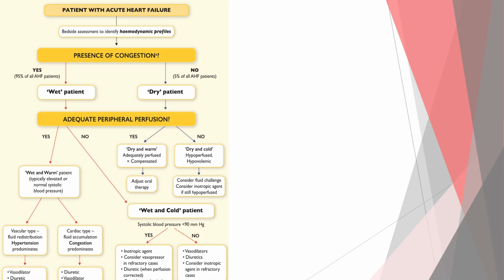If the patient did not have adequate peripheral perfusion and they're wet and cold, then I think that requires an escalation of level of care, and inotropic plus vasodilators and other expert-based assessment and management might be required.